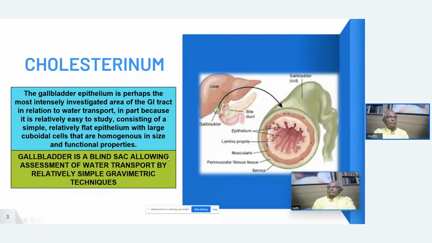The gallbladder epithelium is the most intensely investigated area of the GI tract in relation to water transport, in part because it is relatively easy to study, consisting of a simple, relatively flat epithelium with a large number of cells that are homogeneous in size and function. Why are Cholesterinum and the gallbladder linings very important?